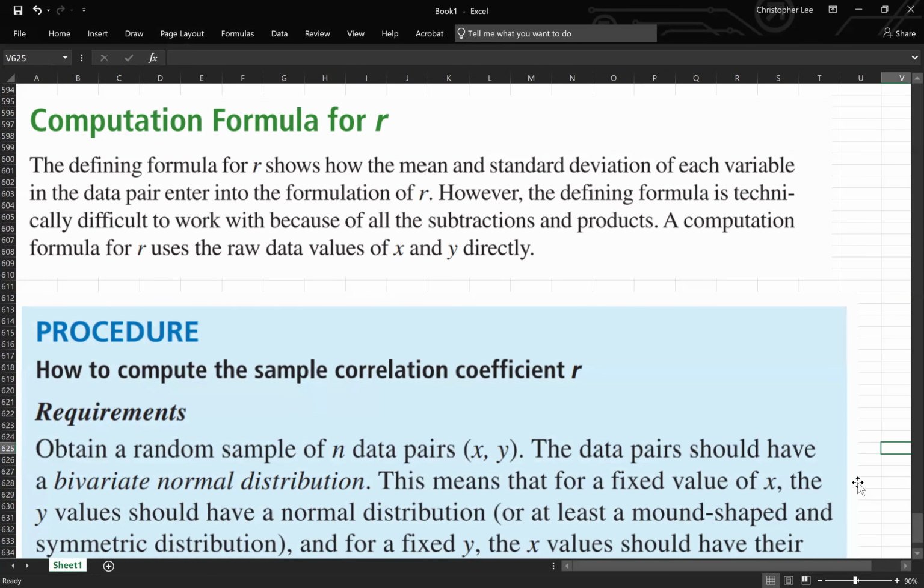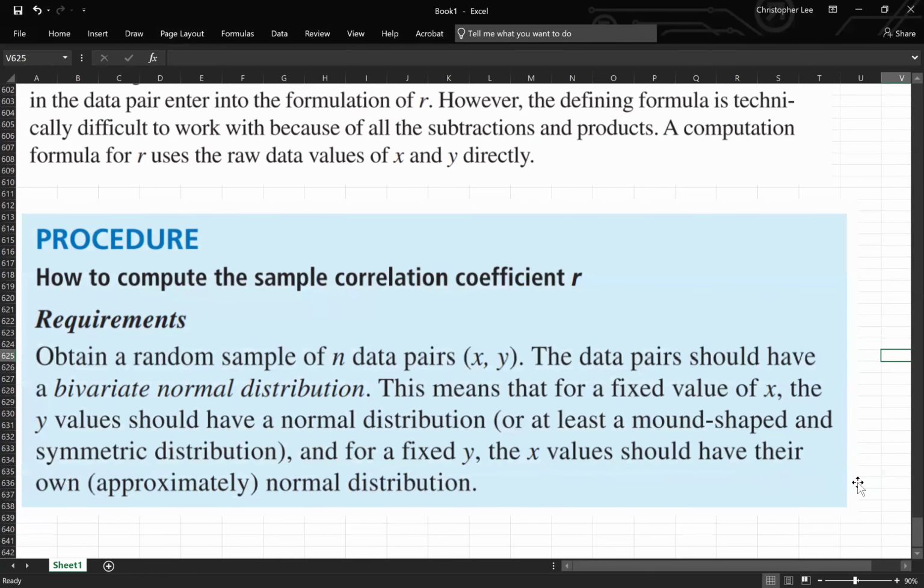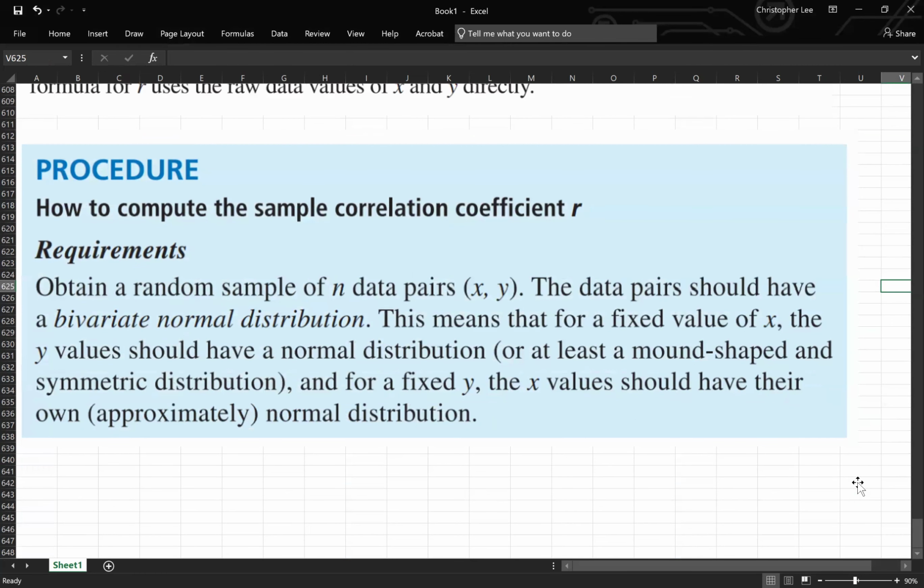Look at chapter 4, 4.1. So procedure, how to compute the sample correlation coefficient R. Here we go. Obtain a random sample of n data pairs, x comma y. The data pairs should have a bivariate normal distribution.